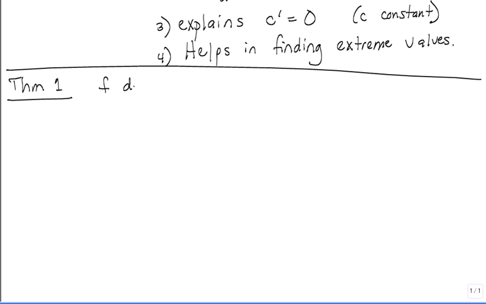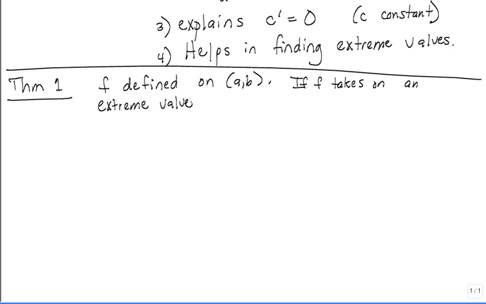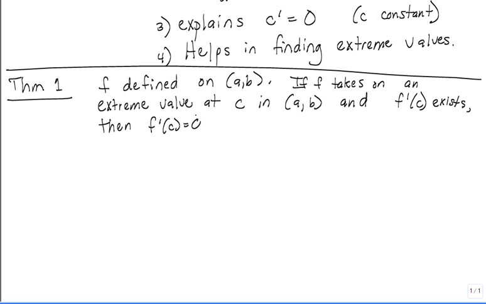First off, f is defined on an open interval A, B. If f takes on an extreme value, that means a max or a min, at C, at any point in AB, and f prime at that point exists, then f prime of C equals 0.